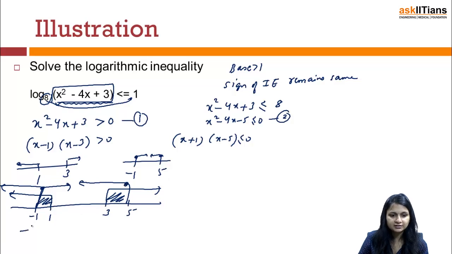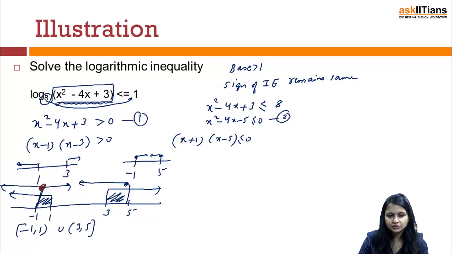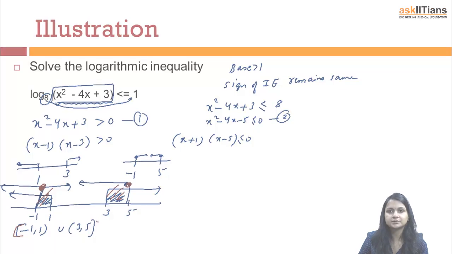So I will write it like this: minus 1 comma 1 union 3 comma 5, because 5 and minus 1 are both included. So when you represent this solution, there is a rectangular bracket before minus 1 and after 5. So this is how we can solve this logarithm inequality.